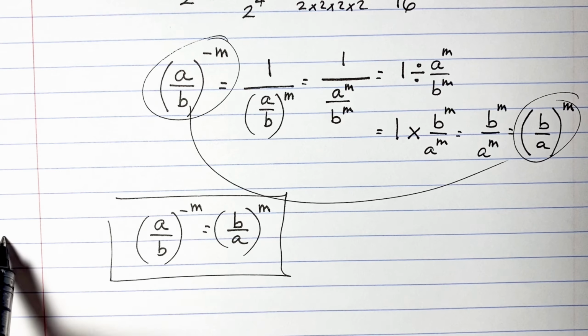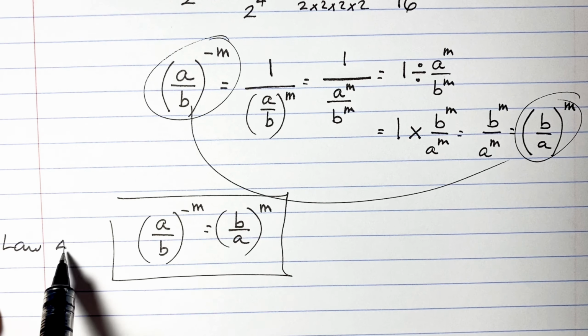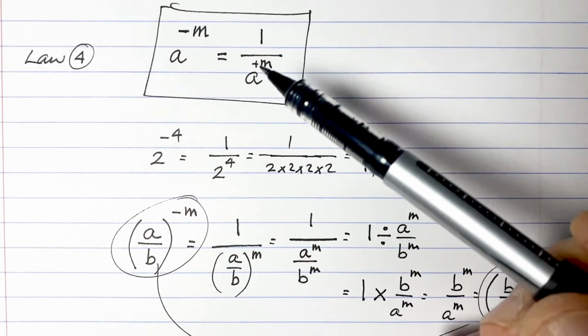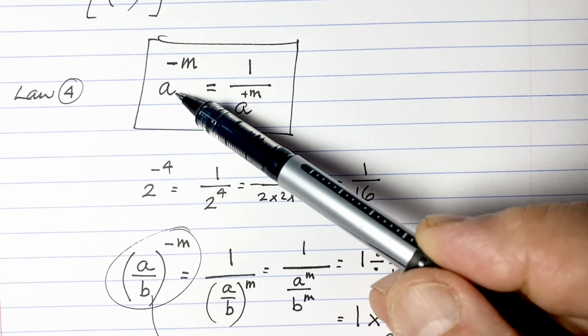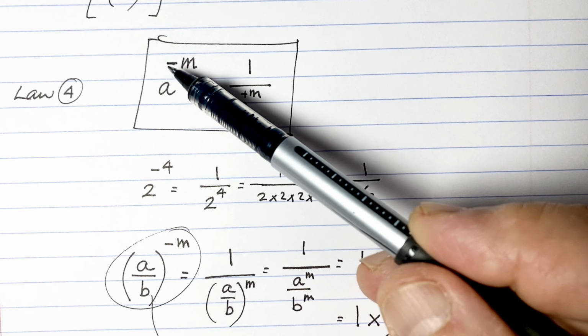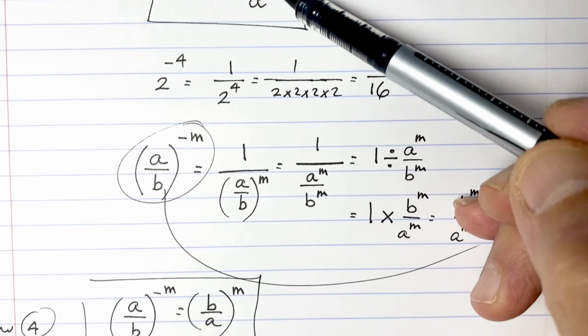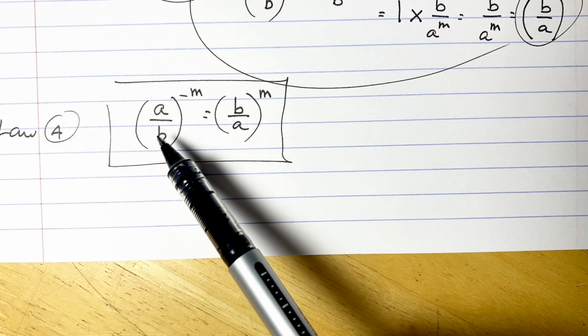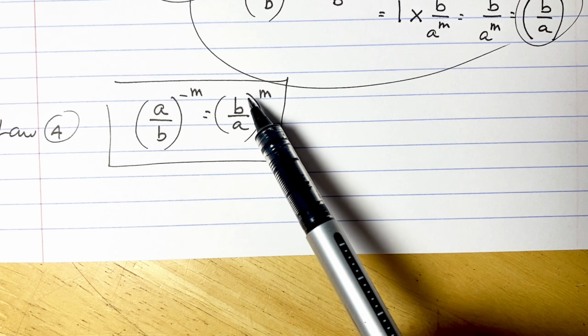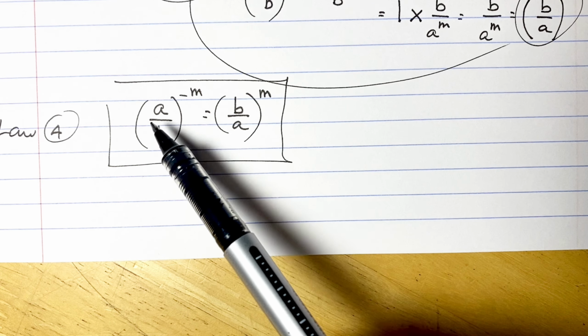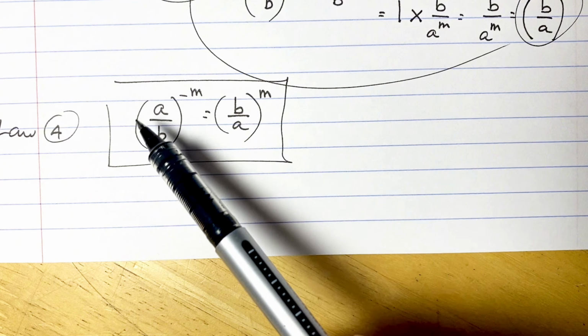So this is also law number 4. Law number 4 here, we are just non-fractional base with the power of minus becomes 1 over power of plus. With the fractional one, your minus becomes plus, but you turn this upside down, which acts as 1 over a over b.